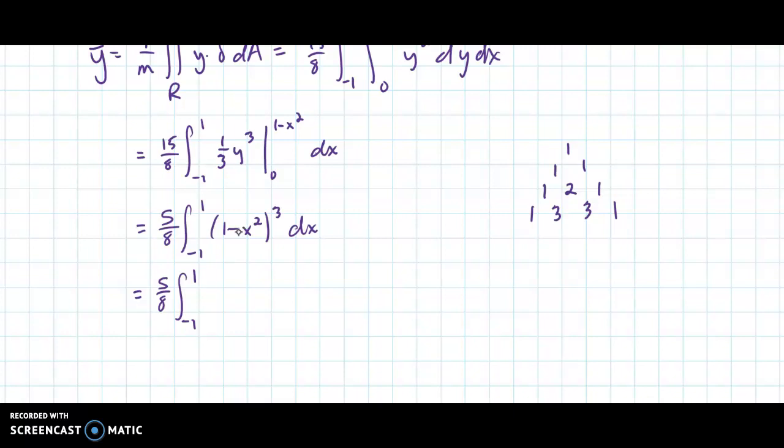So what I'm going to get is 1. That is this coefficient. Now I'm going to get -3. That's this coefficient. And then this thing is going to go up to a power of, well, what I have here, which is x squared. And then I'm going to get plus, it alternates because of this being negative.